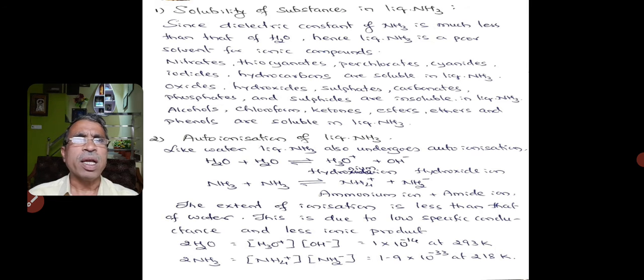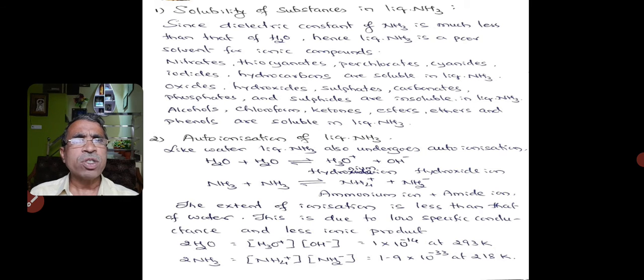The majority of ionic compounds are soluble in water because water is a polar solvent and also has a high dielectric constant. Since liquid ammonia has a comparatively lower dielectric constant, the dissolution of ionic compounds in liquid ammonia is comparatively less.